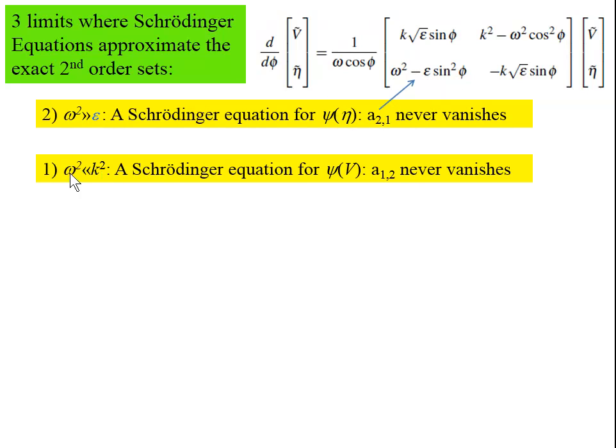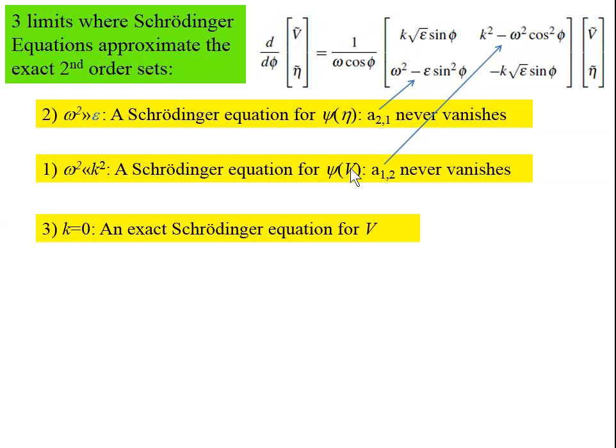If we have a low frequency wave, then this term vanishes, at least in some cases, for some phi's, and we can get the eigenfunction that depends on V, and one of them will be for Rossby waves, one of them will be for inertial gravity waves.